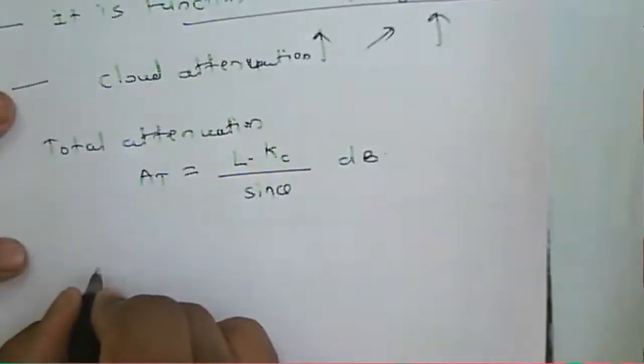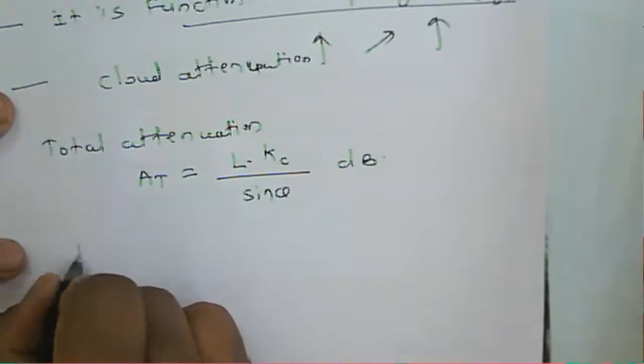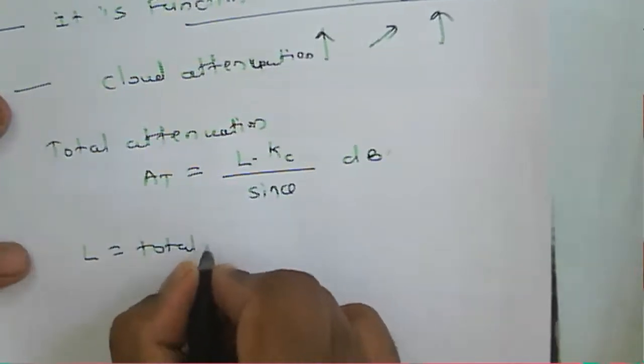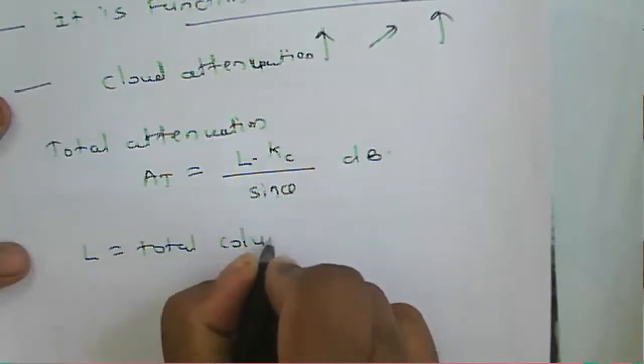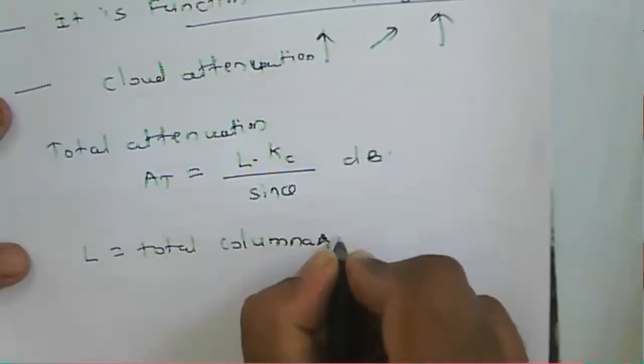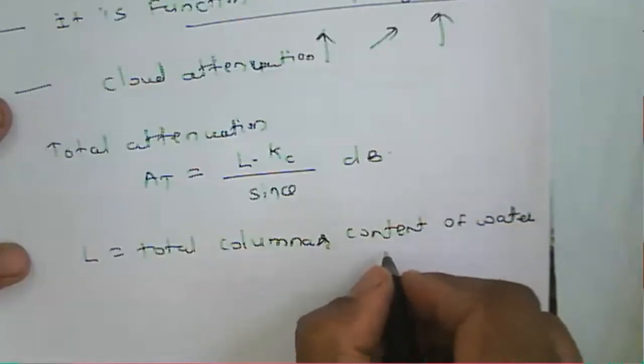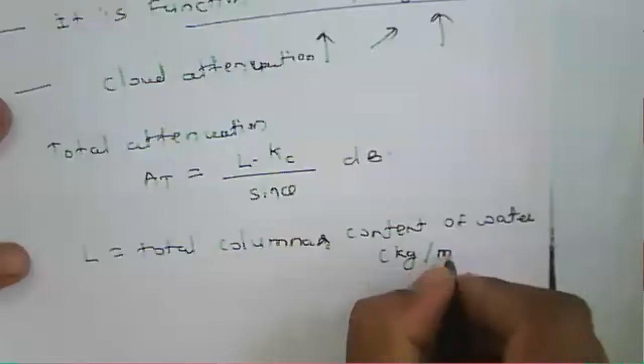Now in this case, what is L? L is the total columnar content of water, and that will be in kg per meter square.